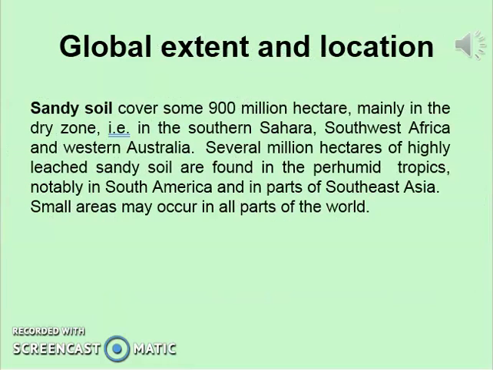Global extent and location: sandy soils cover around 900 million hectares, mainly in dry regions, but you can also find them in the pre-humid tropics like South America and part of South Asia.